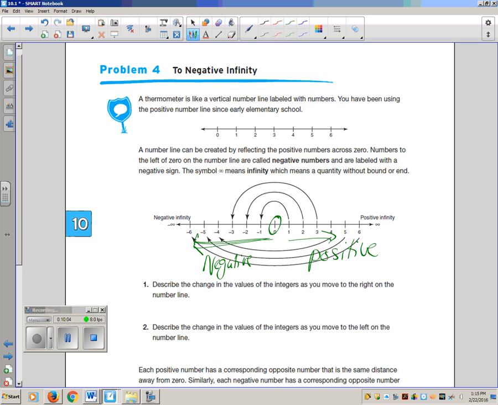Number 1, describe the change in values of the integers as you move to the right on the number line. If you move right on a number line, they increase. Describe the change in the values of the integers as you move to the left. Anytime you move left on a number line, they decrease. You get smaller because you're getting farther from 0.